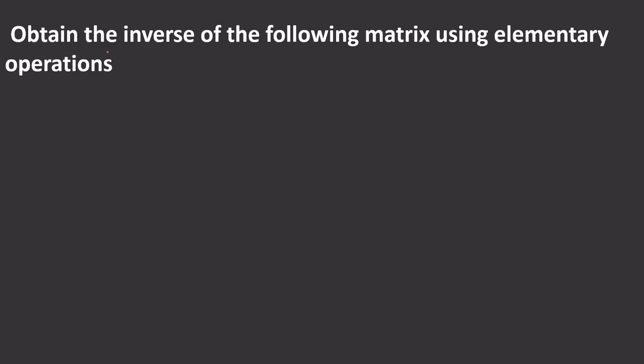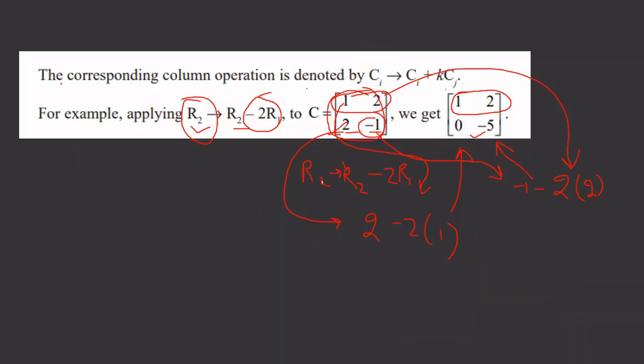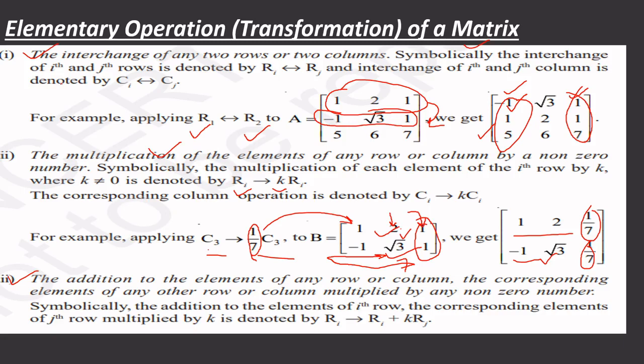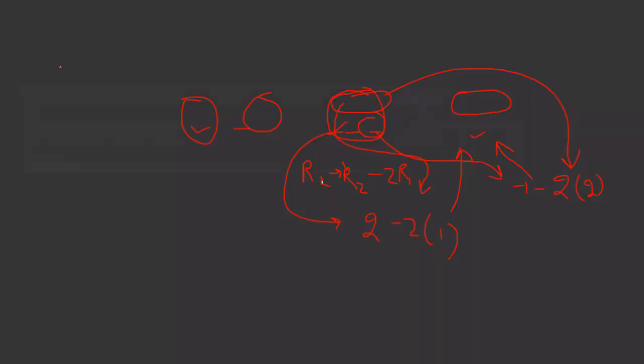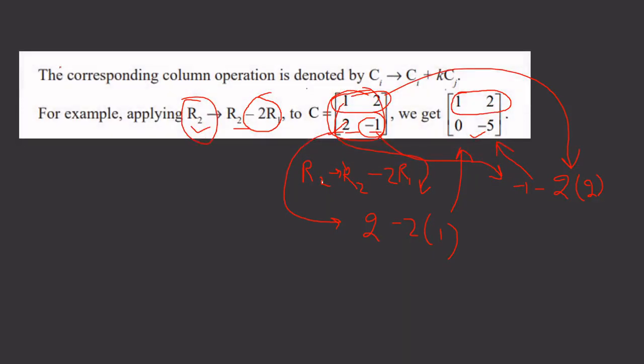Now first we solve this question: find the inverse of the following matrix using elementary operations. We can see that we can find the inverse matrix with the adjoint of A by the magnitude of A in the next chapter, but in this chapter we have to find the inverse of a matrix with elementary operations. What are our elementary operations? We saw them in the past slides: row 1 changed with row 2, multiplying a row, and a row changed with another row.